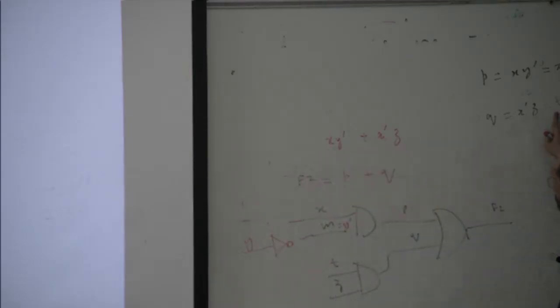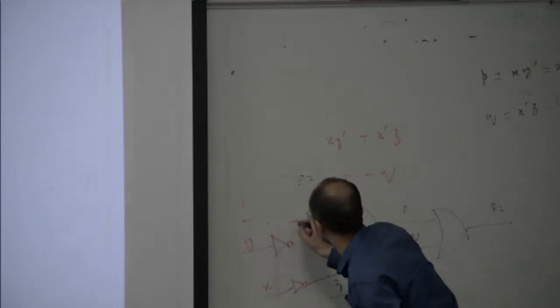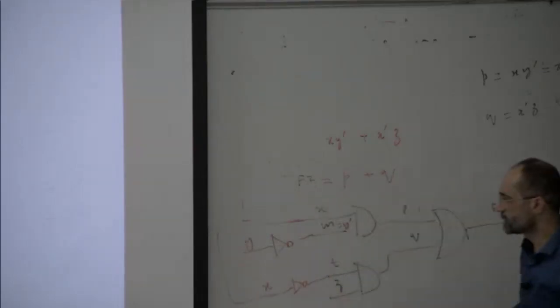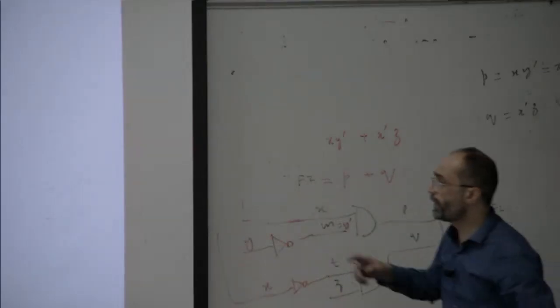So now we can have an x and an x here. And now this is the whole logical expression. We have this logical expression, and we have transformed this into gates. Got it? Okay. Any question? Should we proceed? Good. Fast or slow?